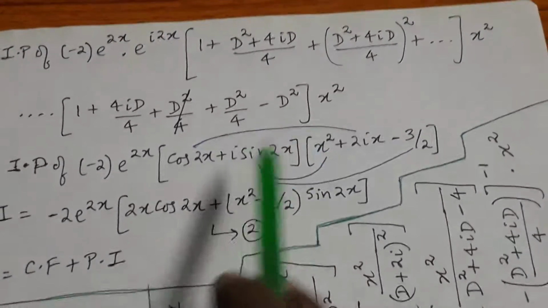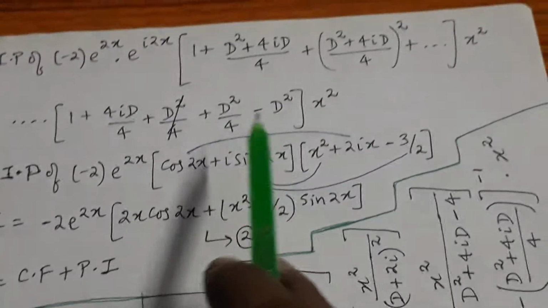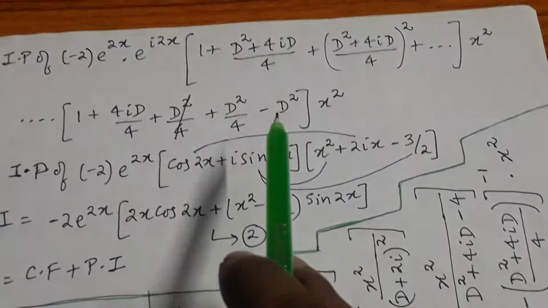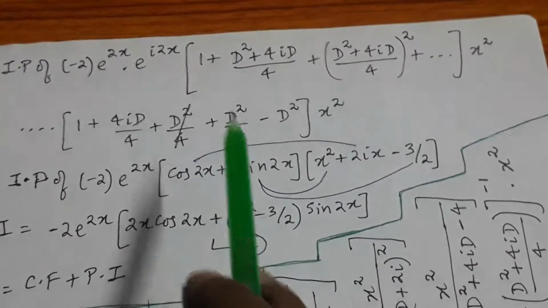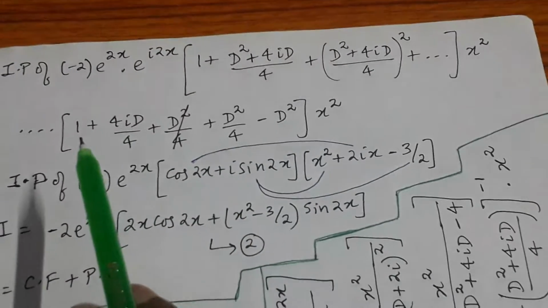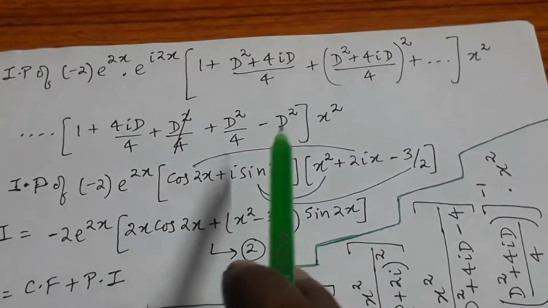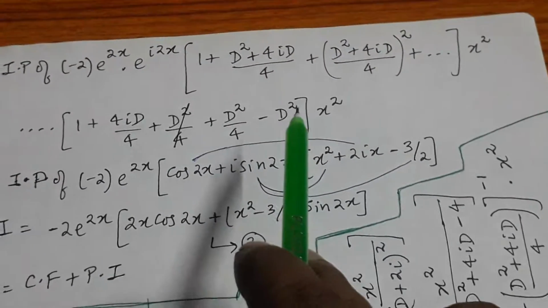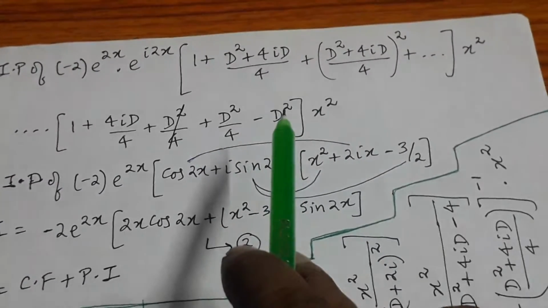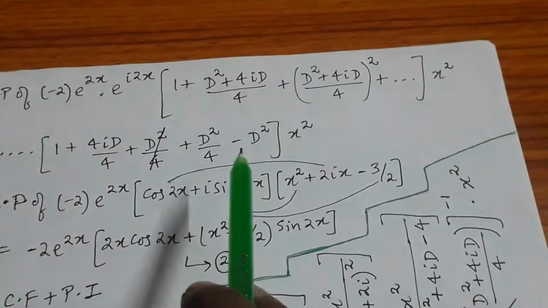Small simplification. 1 by 4 minus 1 is what? Minus 3 by 4. This 1 is here, this 1 and this is different. D square is different. 1 by 4 minus 1 is minus 3 by 4.